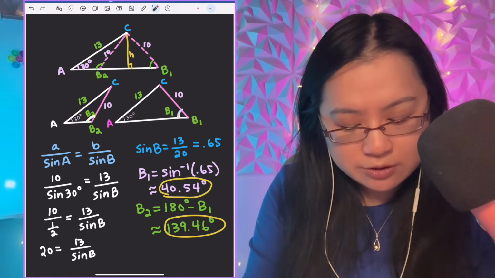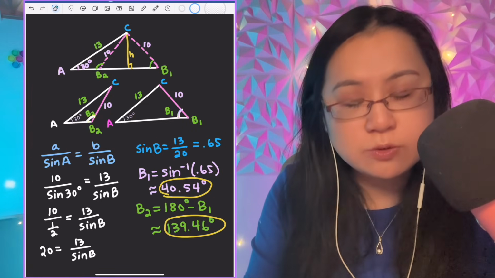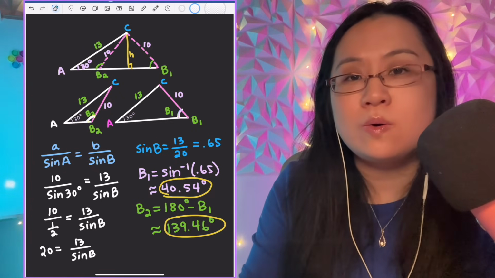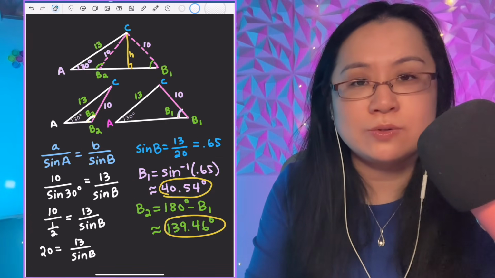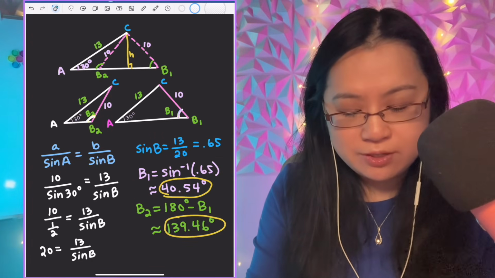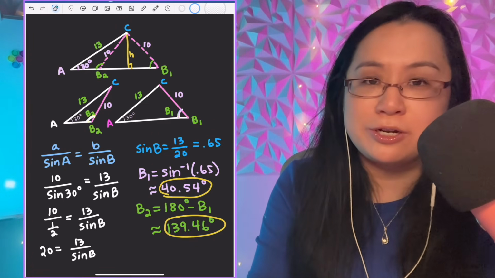Okay, so let's look at why these two have this relationship. So why did I say B2 is 180 minus B1? Or in other words, why do the sum of their angles equal 180? So first we're going to look at this geometrically, and then we're going to look at this trigonometrically.